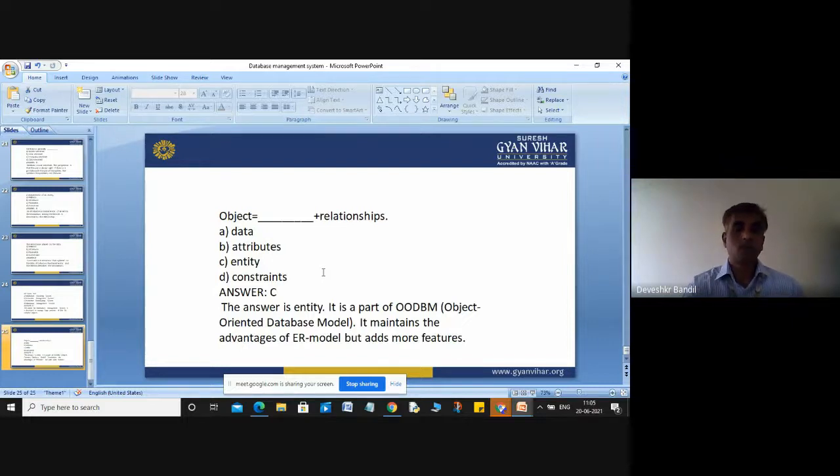So object equals entity plus relationship, and your relationship is defined between the entities.